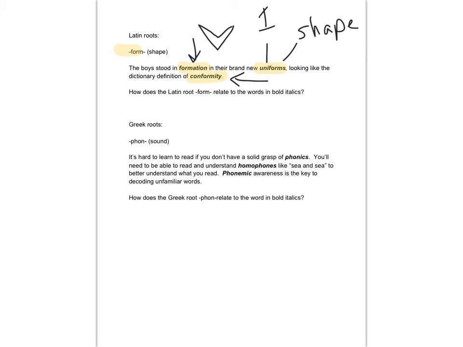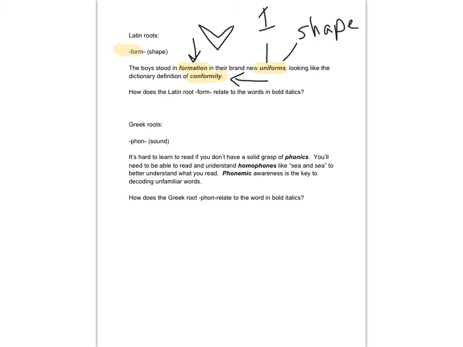We wear pink on Wednesdays. You can't sit with us in the cafeteria if you don't wear pink on Wednesdays. So conformity is that one shape of behavior. You know it when you see it, when all the kids are wearing the same clothes, behaving the same way, listening to the same music. It's one shape of behavior.